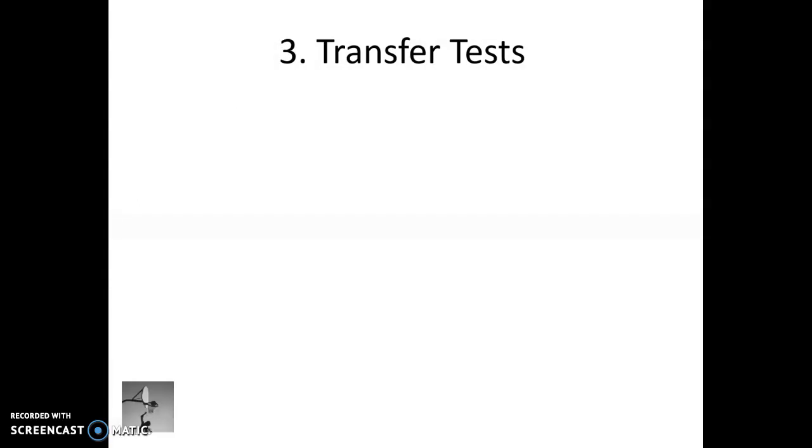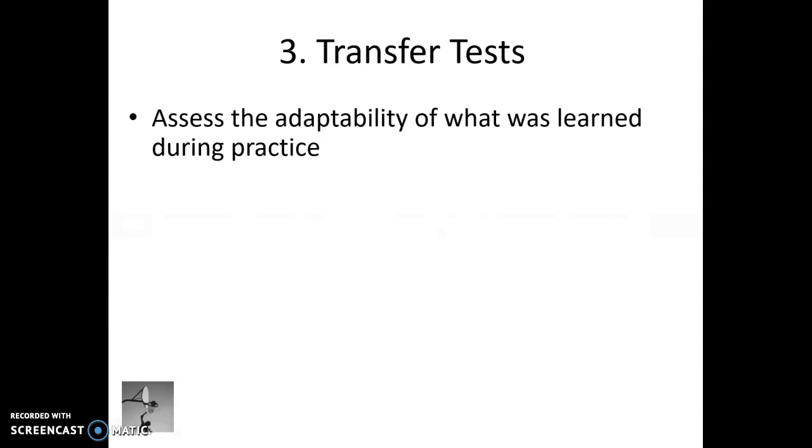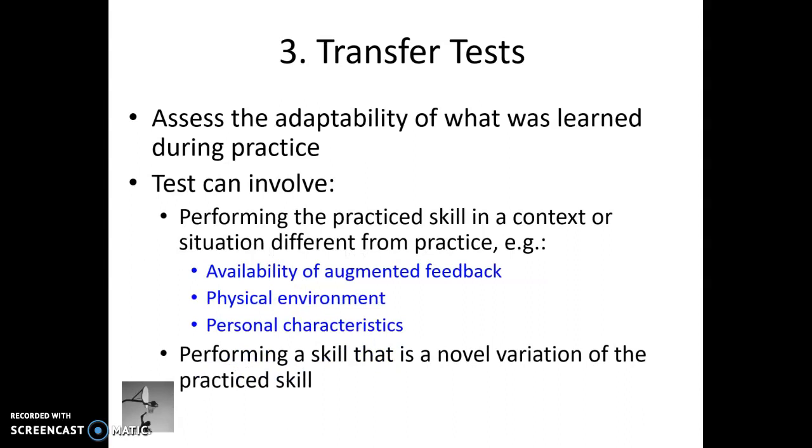Now, transfer tests is the idea that you see how adaptable the skill is. So you learn a skill in one situation, and then you see if you can replicate it in a different situation. So as you look at how to change tests to see if in fact learning has occurred, you see if you can transfer it to a different skill or a different context, a different situation.